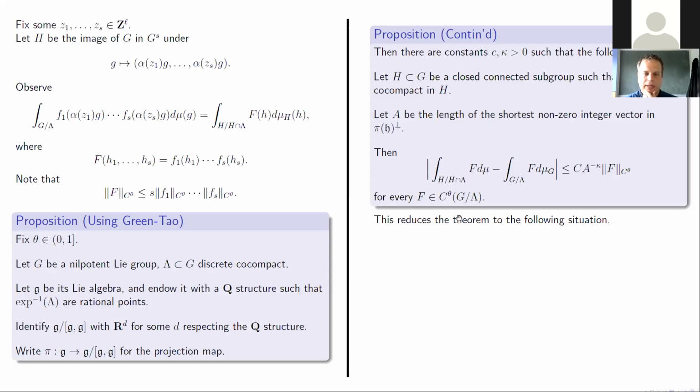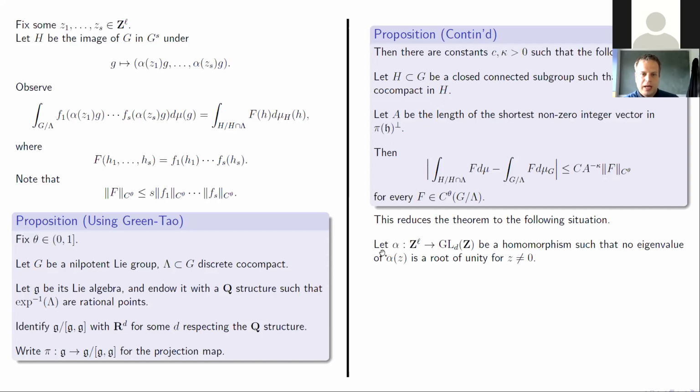As you can see, this error term that you have here depends only on the abelianization of H, how the abelianization of H sits inside the abelianization of G. So basically from now on, it will be enough to consider the torus case.